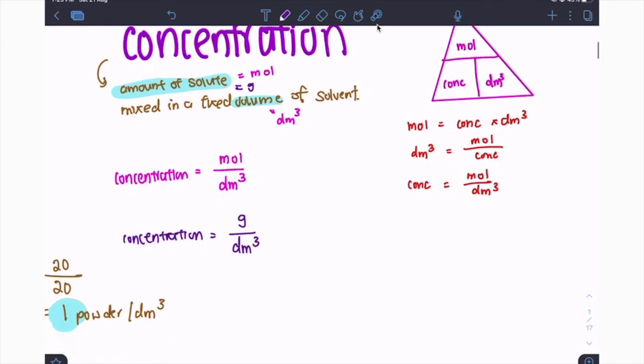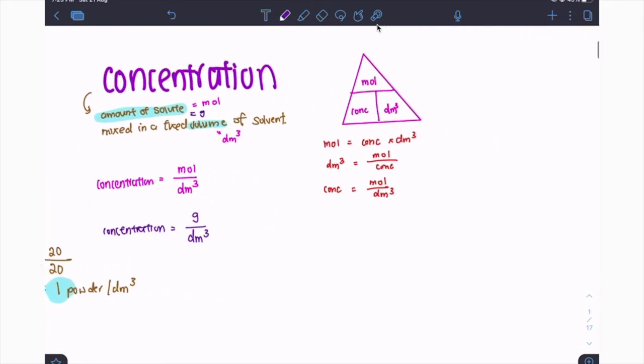So if you are calculating concentration in terms of gram per dm cube, then your triangle is going to look suspiciously the same. So this is your third and last triangle to learn, where I have mass at the top, so gram is mass, same thing, Conc and dm cube.